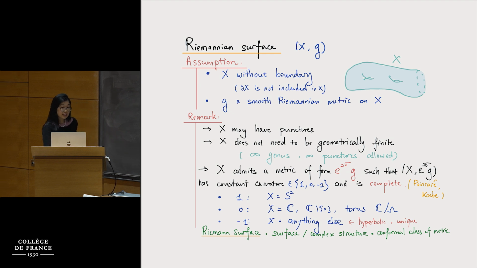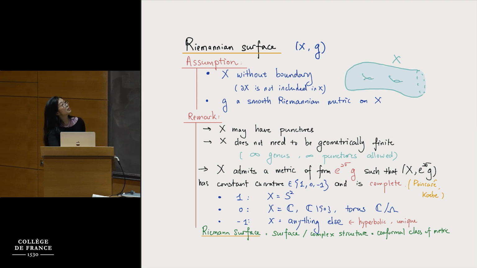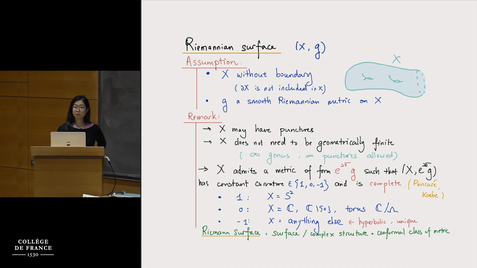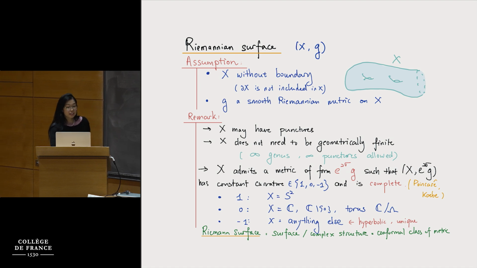And the uniformization theorem tells you that for any such Riemannian surface, there exists a metric of the form some positive function times the metric, such that under this new metric, this surface would have constant curvature either 1, 0, or -1, and is complete. So there's a classification.